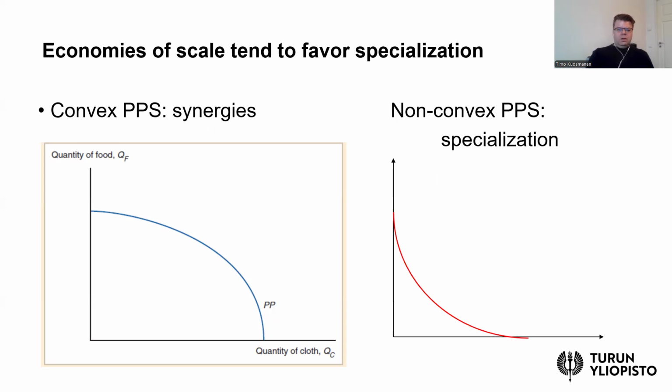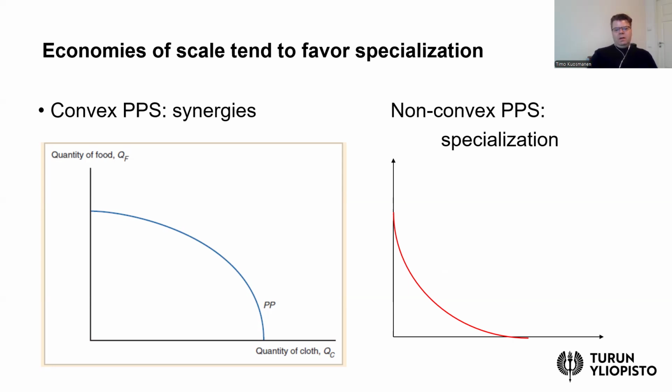Remember that this curvature came from the diminishing returns in the production functions. And remember that in the specific factors model, I was emphasizing that the capital stock was taken as fixed in the short run, and it was not possible to reallocate capital from one industry to another.